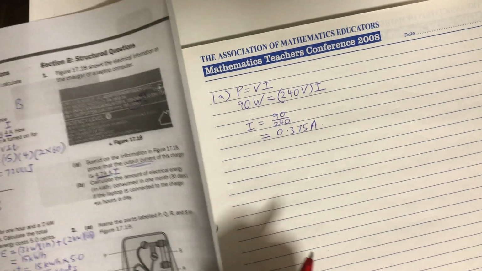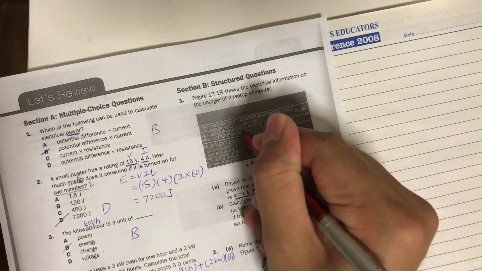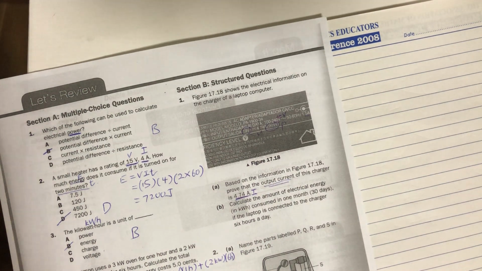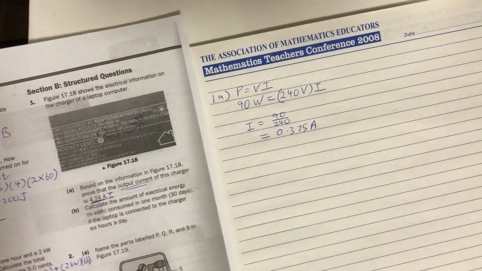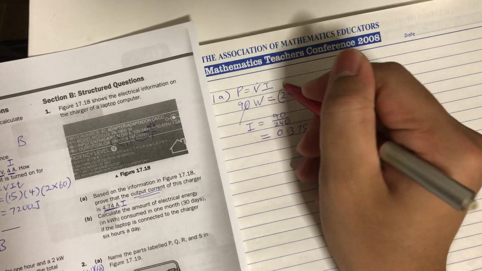Oh, I noticed something else. Actually, down here, the output option, there's actually a potential difference too. So I shouldn't have used my 240 volts as a starting. Rather I should have used 19 volts. So this would tell us that this way of doing things might not be correct. Let's try again.